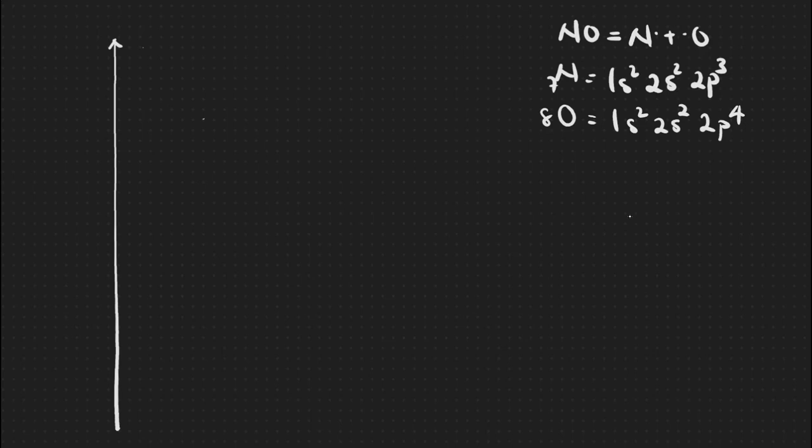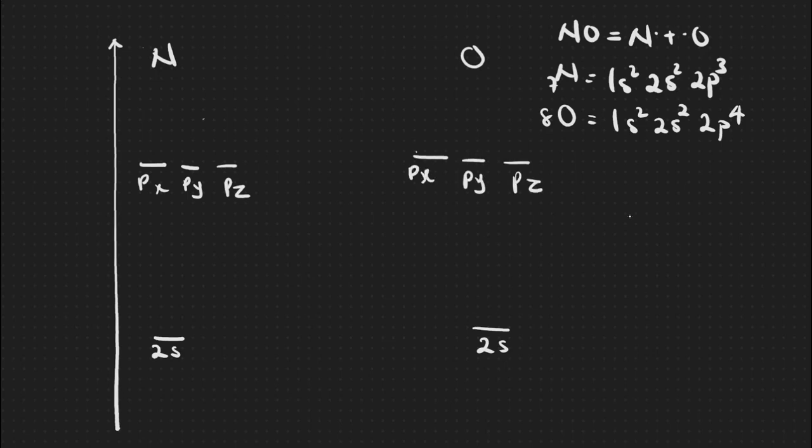So these are the electronic configurations of the atoms we're going to use. Here is the atomic orbital of nitrogen, while this side is the atomic orbital of oxygen. Remember that we're going to omit the 1s, we don't need it. Nitrogen is having 1, 2, that's 2s.